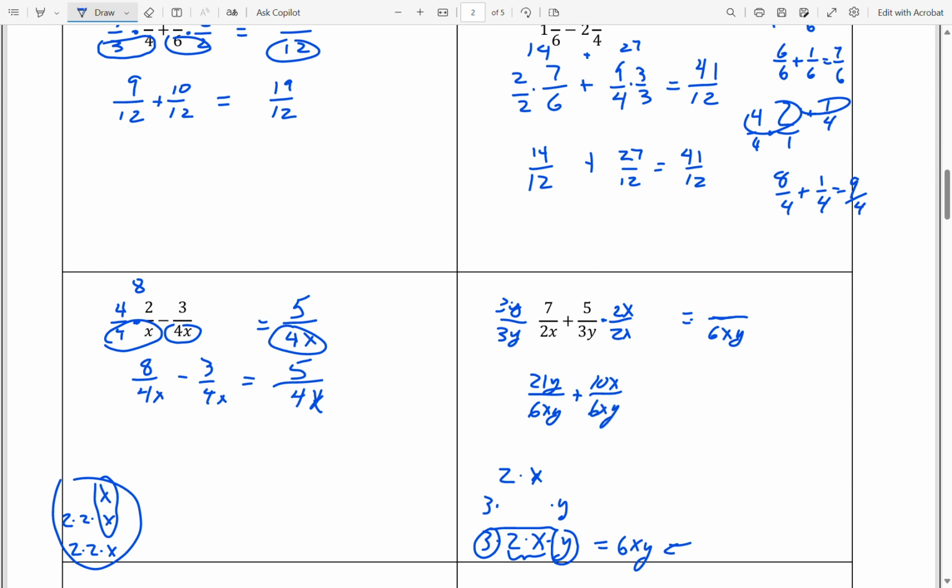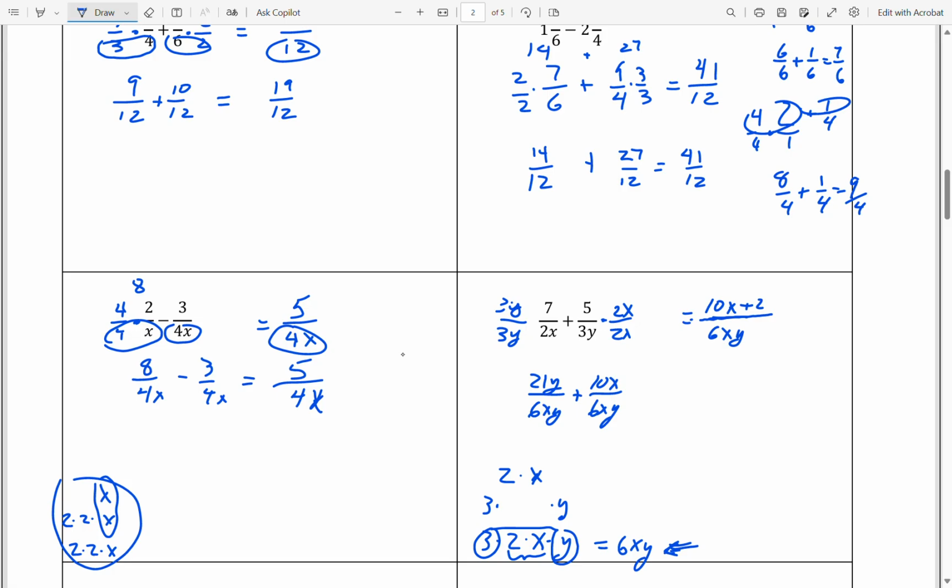Now it's not necessary, but the tradition that we use when writing variable expressions is alphabetical order. Notice that I could have called this 6yx down here, and it wouldn't be different. It would just maybe be a little confusing. So as I add 21y plus 10x, most people would write 10x plus 21y.